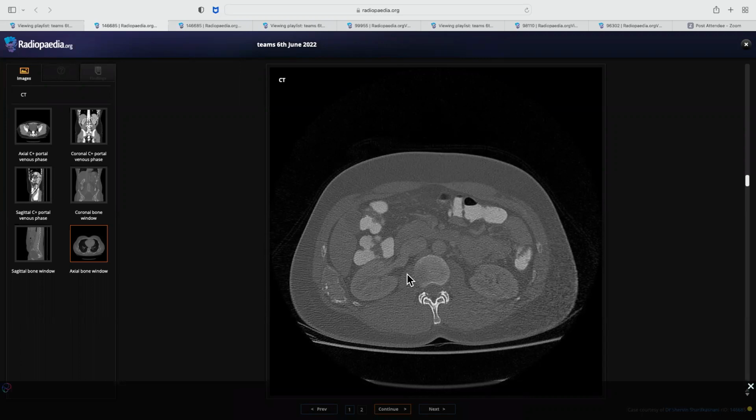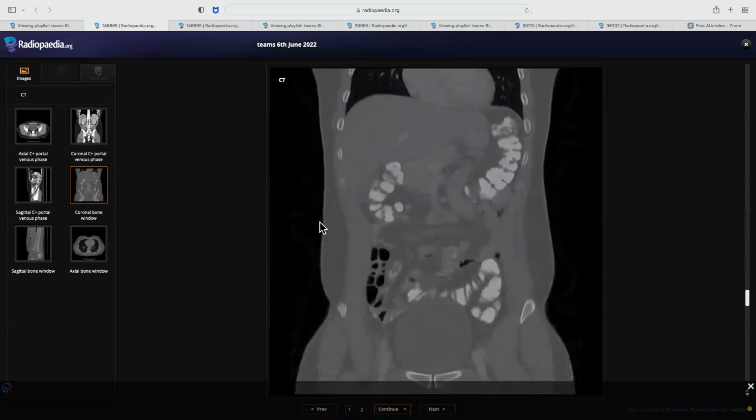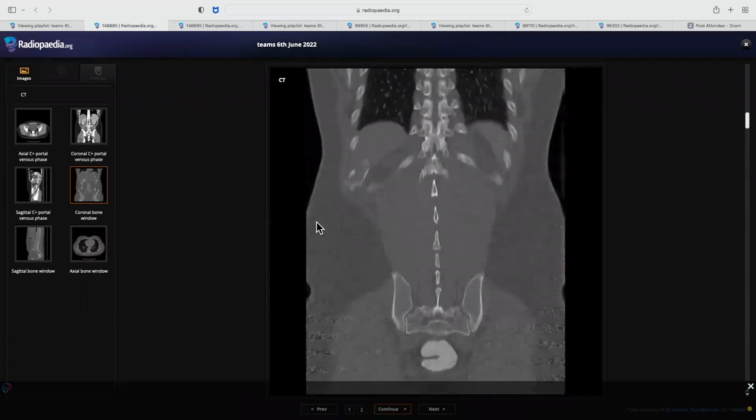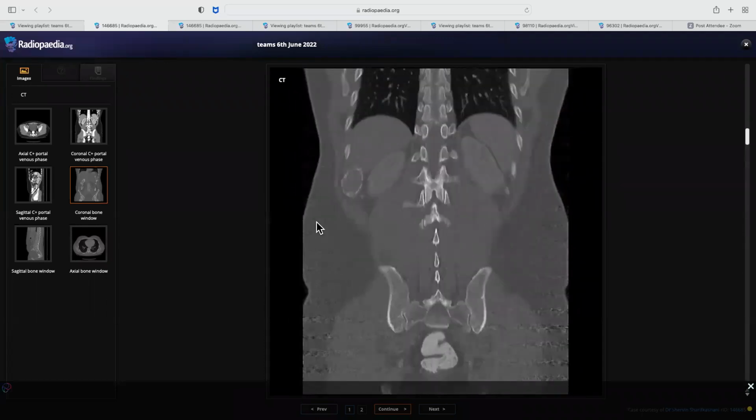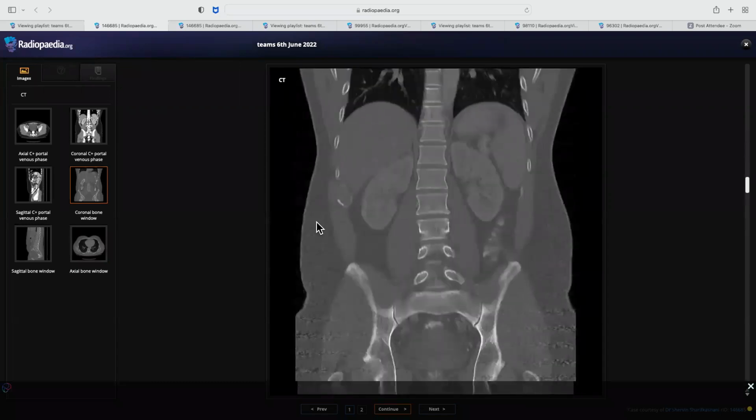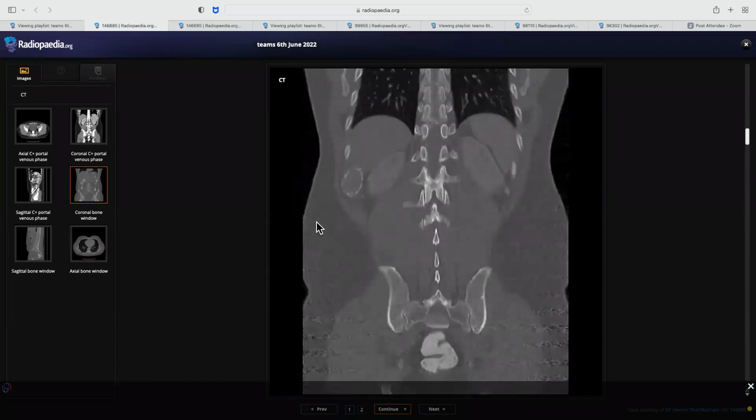Any other differentials which come to your mind for this appearance? Like I see cortical destruction. Otherwise, there is a solitary expansile lesion, it can be fibrous dysplasia as well. So to rule that out, I'll be comparing it with any previous images, X-ray or CT.